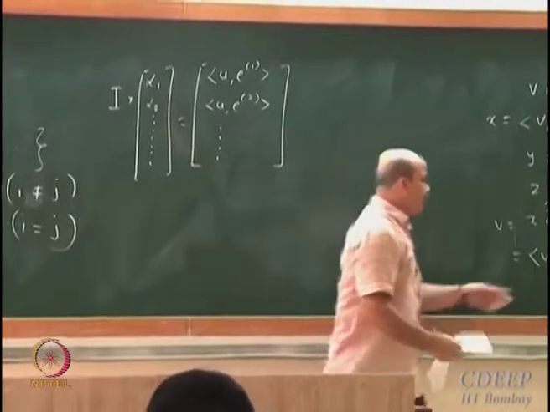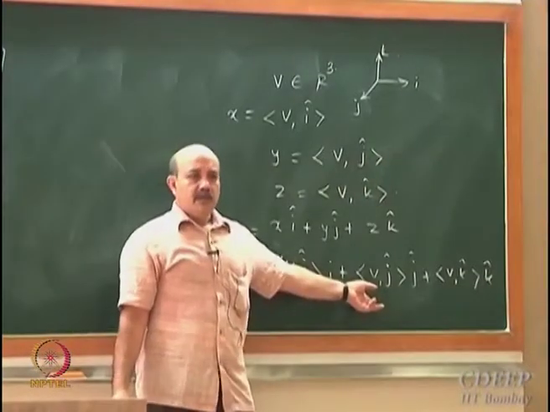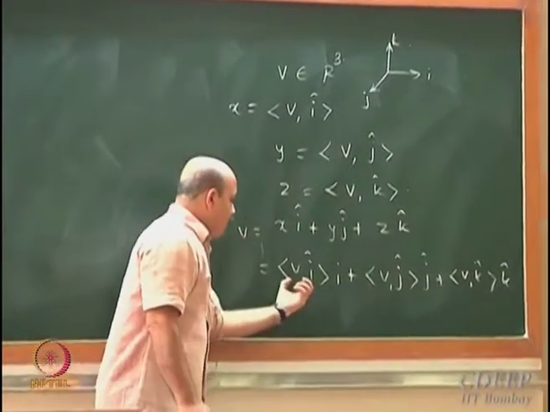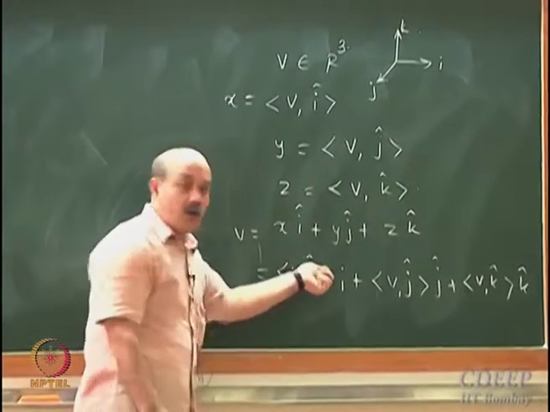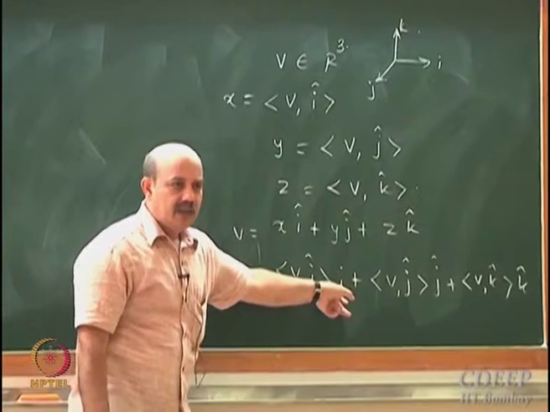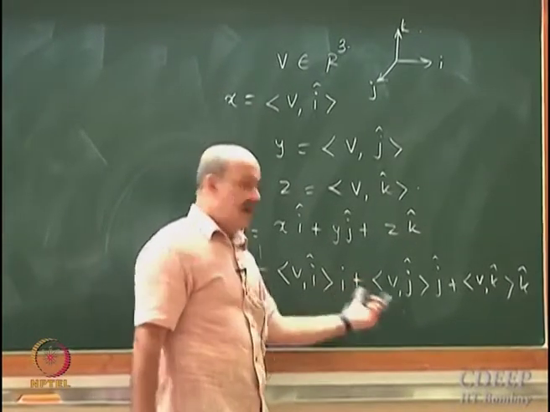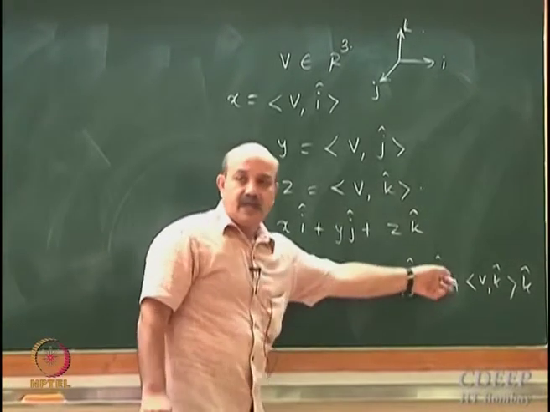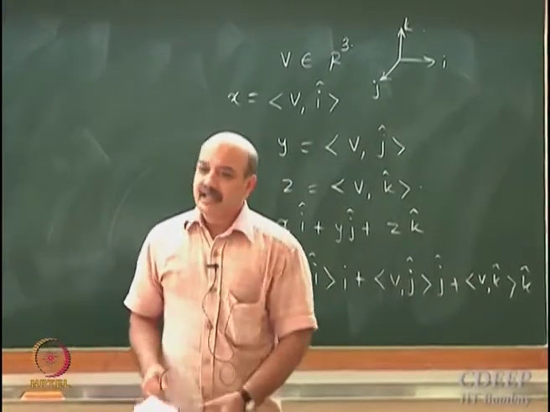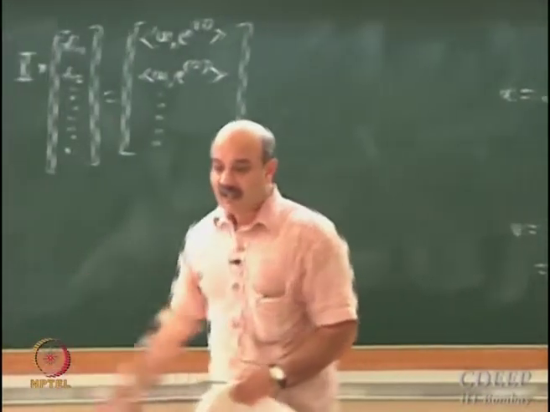How did we write the vector here? We wrote the vector v as the component of v along i times the direction i, plus the component of v along j times j, and so on. The same thing I can do here in the inner product space.